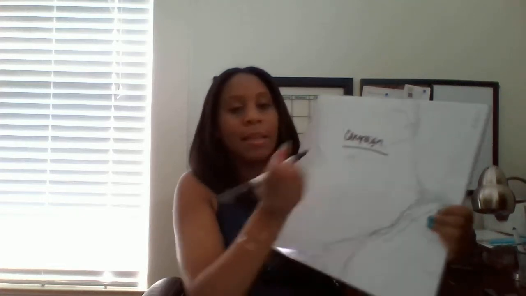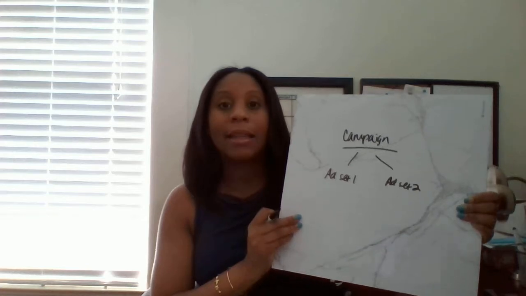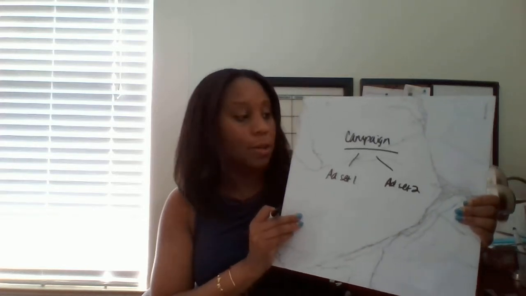Campaign level is at the very top. That needs to align with our objective when we run the ad. We can choose to have different ad sets. The ad sets need to be broken down by theme, okay? The theme should be different, so make sure we're doing that.